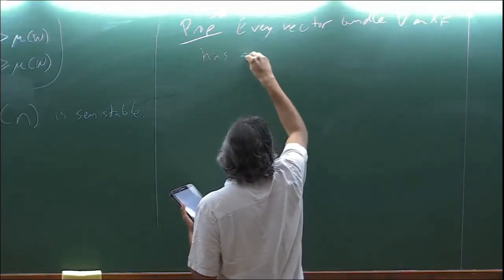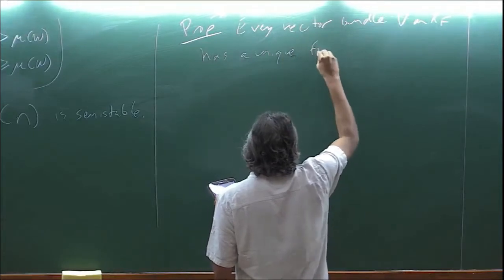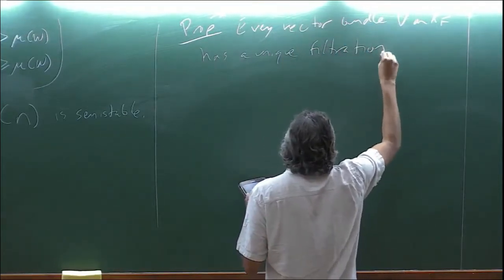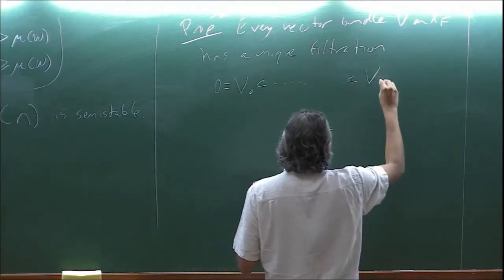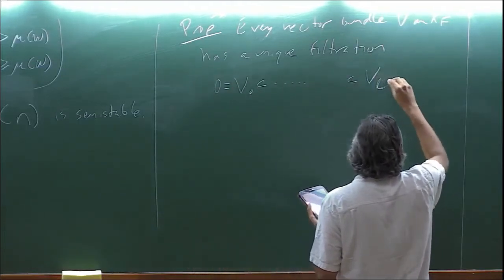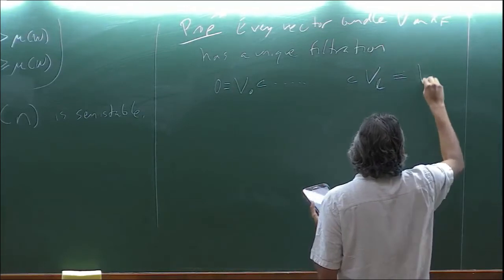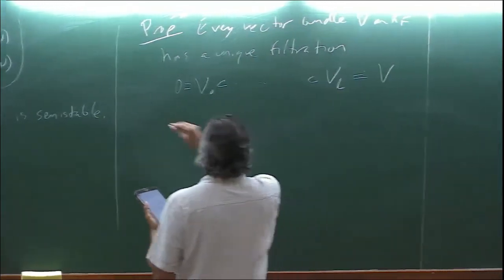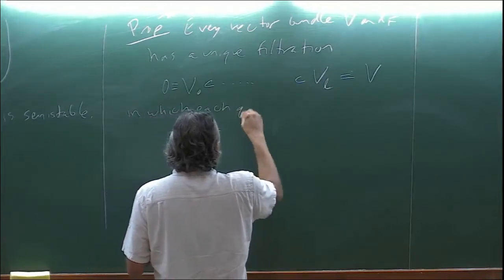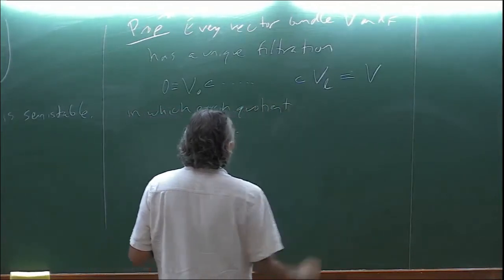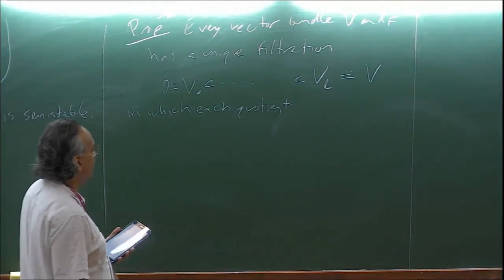Every vector bundle has a unique filtration. The length is whatever it has to be; I won't tell you in advance what the length is. This filtration is characterized by two properties.